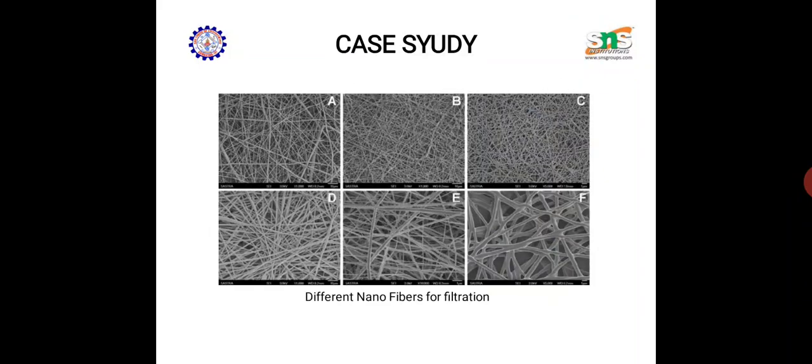So here in this case study, the different size membranes have been shown. So these membranes can be used for filtering capacity depending upon the size and the pore size between the membranes. So in the picture C, the pore size is very small. It provides a very good filtering capacity.